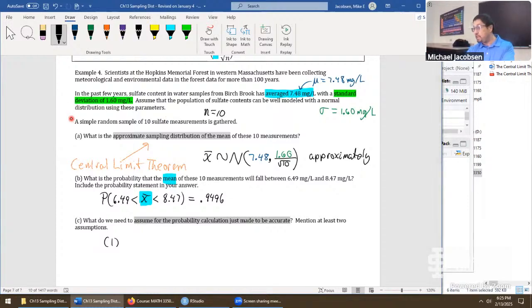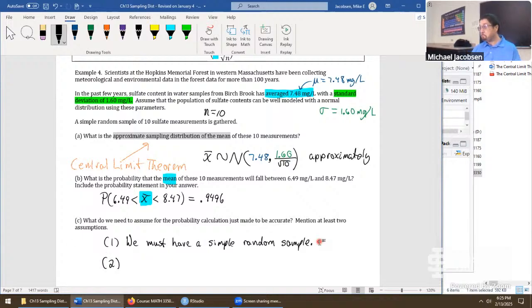So assumption one would be we must have a simple random sample. So that's definitely one assumption that has to hold. Anyone say any others that must hold?